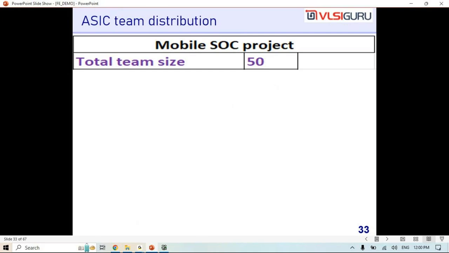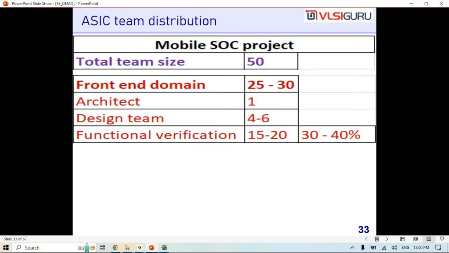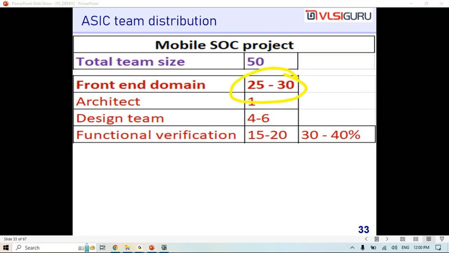So what is my process? First, architect requirements. What are my requirements? Then I have to go to architect. In this whole planning, I will need some team. Let's say the team is 50 people. Front end domain will have around 25 to 30 people, which is around 50 to 60%.